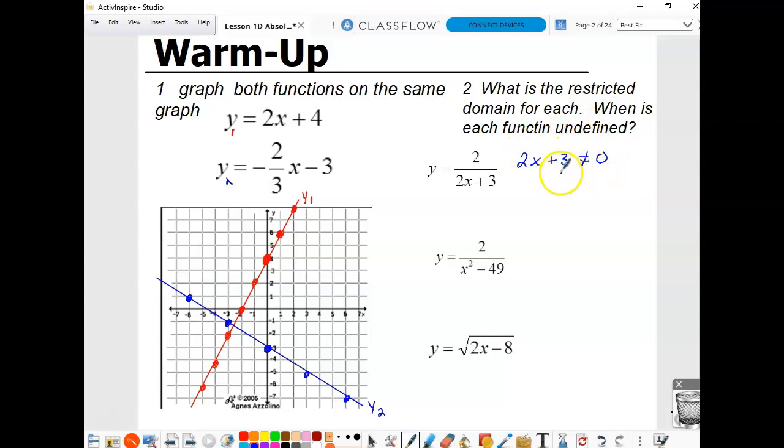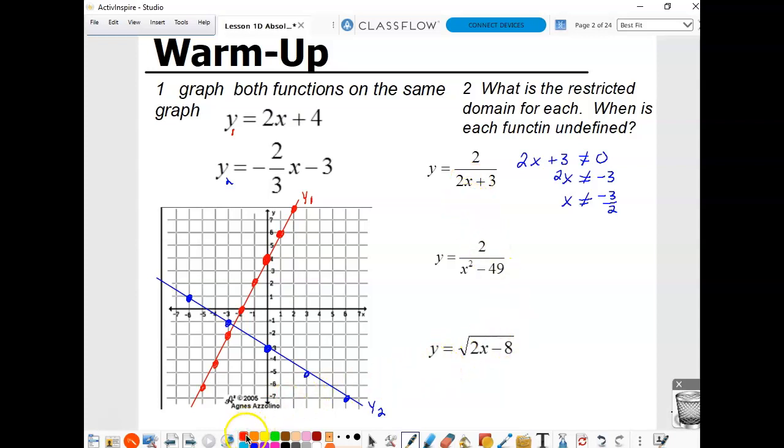So I'm going to subtract 3 from both sides. So 2x does not equal -3. Then I'm going to divide both sides by 2, so x does not equal -3/2. That is the only value. I can have all real numbers except for -3/2. That is the only number I'm not allowed to substitute into this function, because if I do, it will make the bottom of this fraction 0, and 2 over 0 is undefined.